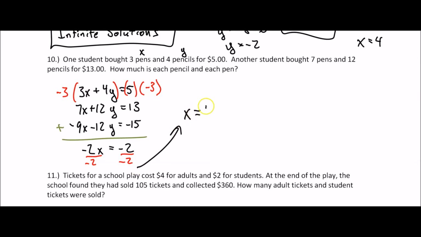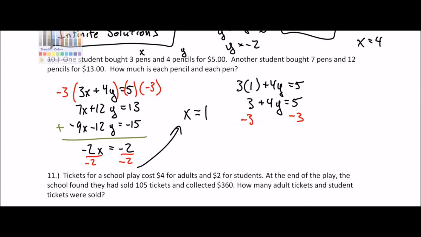Okay, so I get x equals 1, so it's $1 for the pens. I've got to plug that back in to figure out how much each pencil costs. So over here, I'm just going to solve this. Over here, I get a 2. I divide each side.